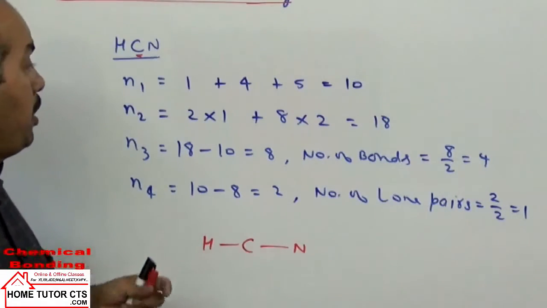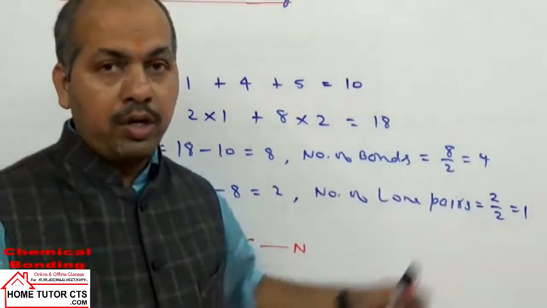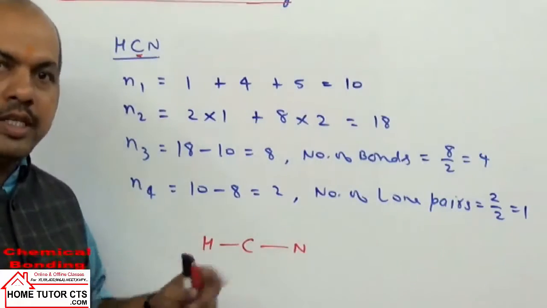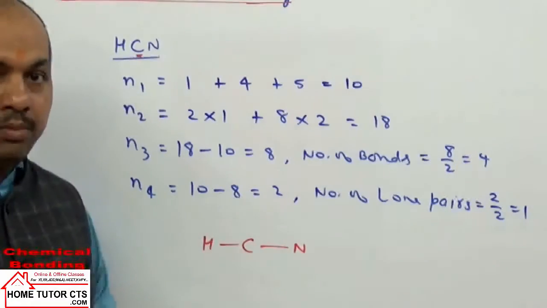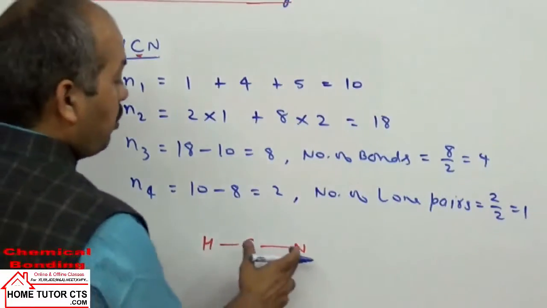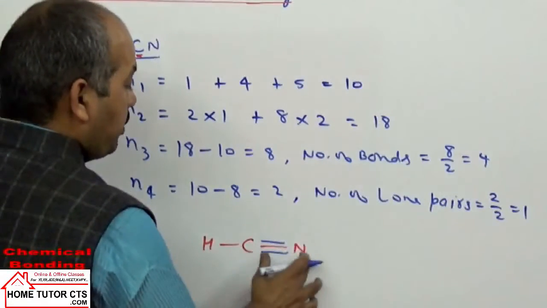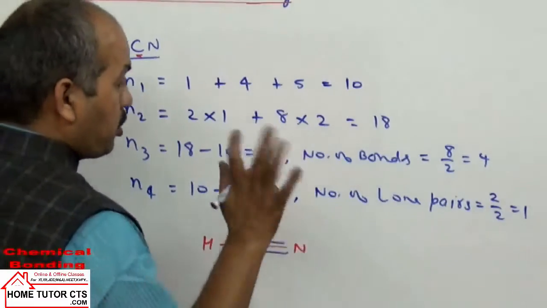We have 4 bonds in total. C and H can have only a single bond because hydrogen cannot form more than one bond. But nitrogen can form 3 bonds, so you can draw 3 bonds between carbon and nitrogen because the total bonds are 4.